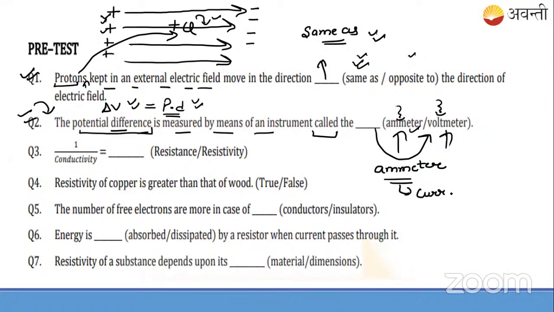Okay, ammeter जो है वो current measure करता है. Voltmeter, what does the voltmeter do? Voltmeter basically measures the voltage, or you can also say since voltage is the same thing as potential difference, it measures the potential difference across. तो इसलिए हम कहेंगे इसका आंसर होगा वोल्टमीटर स्टूडेंट्स.